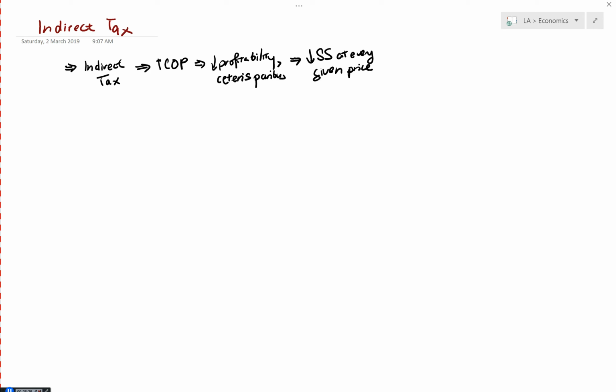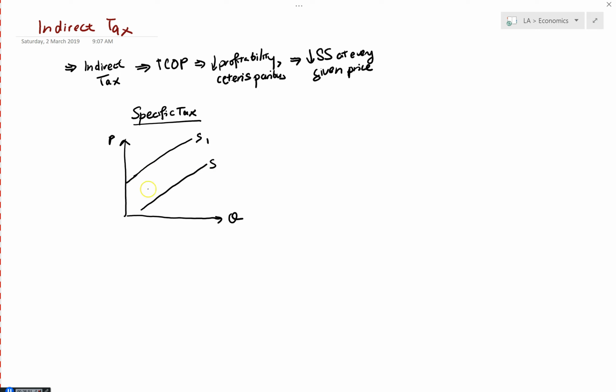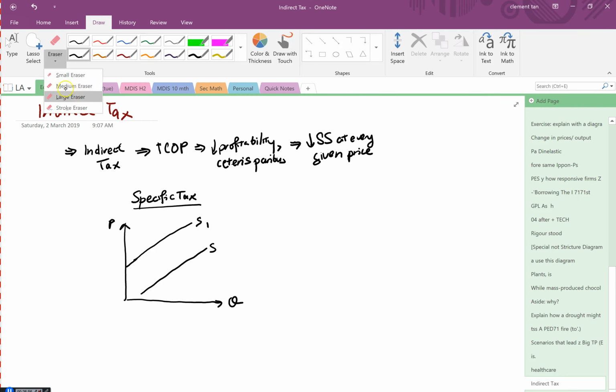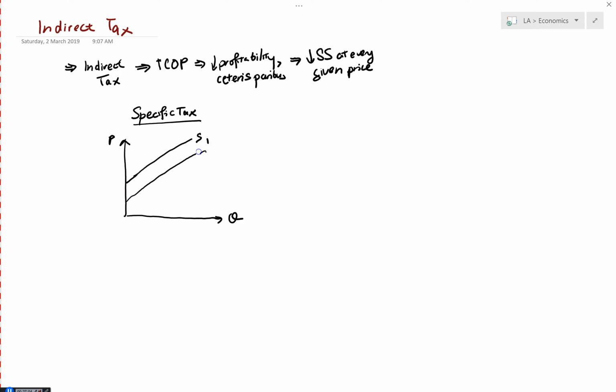Now, if it's a specific tax, it will shift from S to S1. Why?